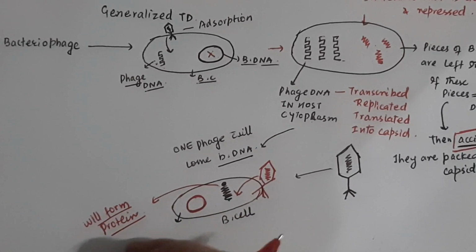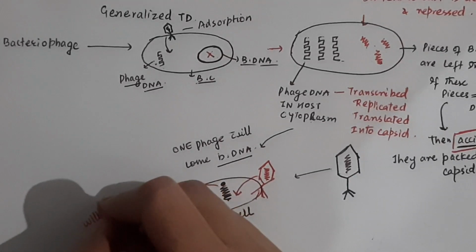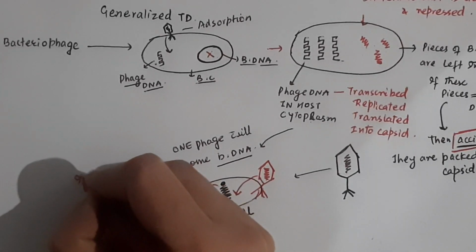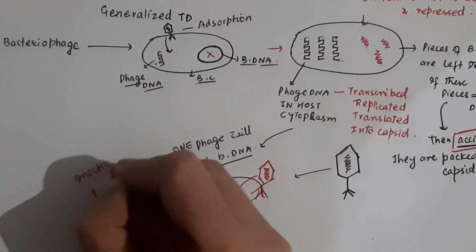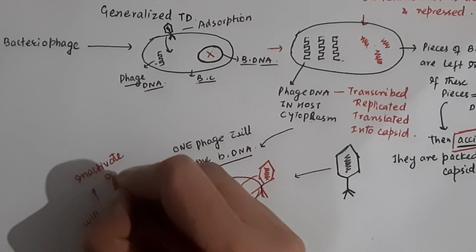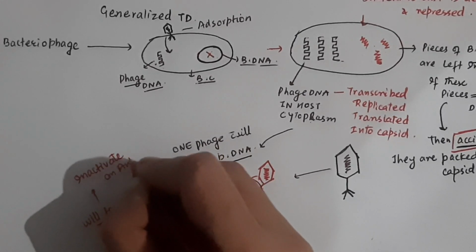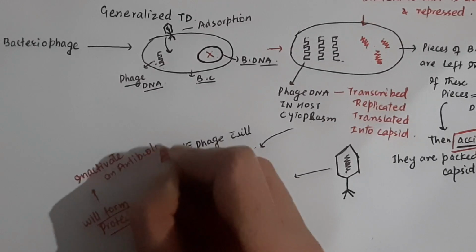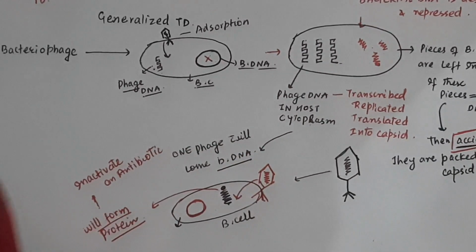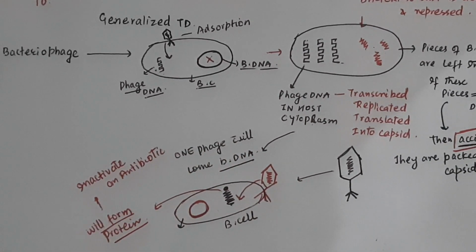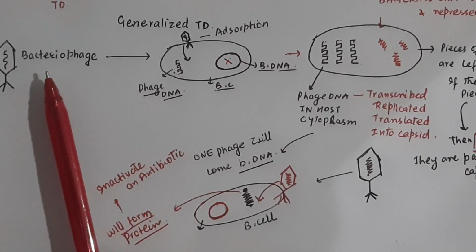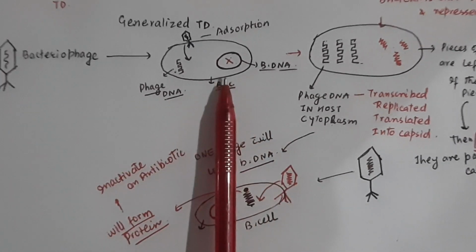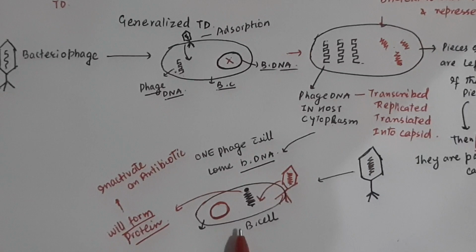Obviously, the job of a gene is to form a protein. Such a protein may be one that will inactivate an antibiotic. That is how bacterial DNA is transferred through bacteriophage from one bacterial cell to another.